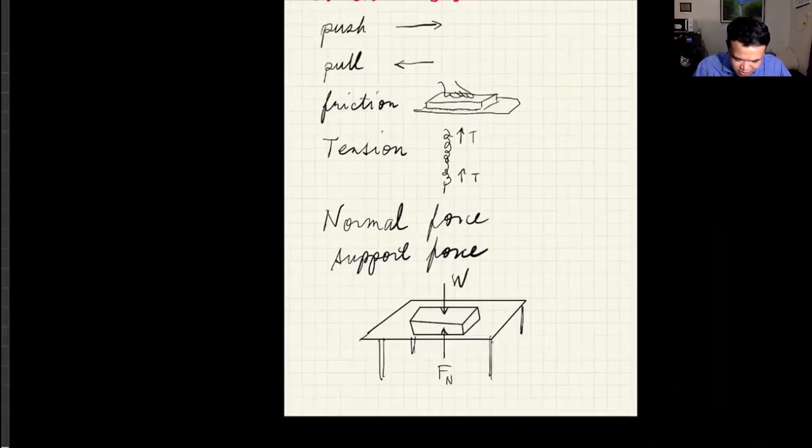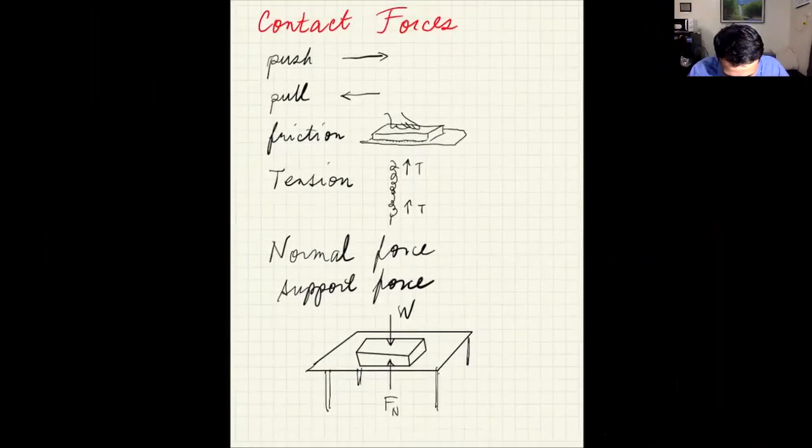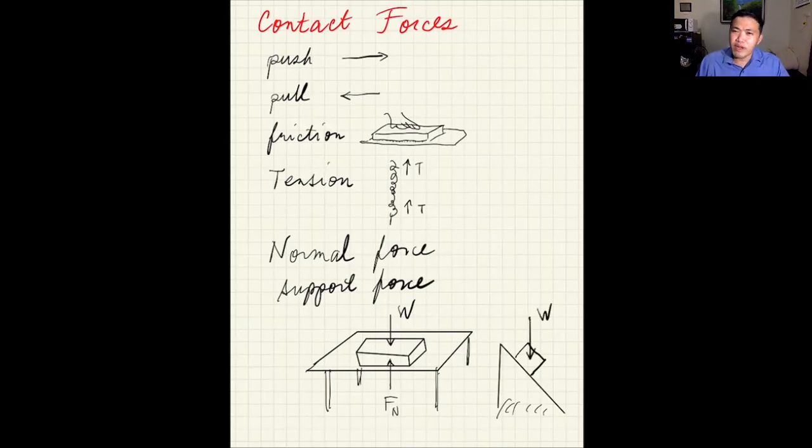Sometimes you will encounter these types of problems, like an inclined plane, and then you have a block of wood sliding. There is friction as it slides downward. Of course, that object has a weight W. The normal force, if the surface is inclined, is still perpendicular.